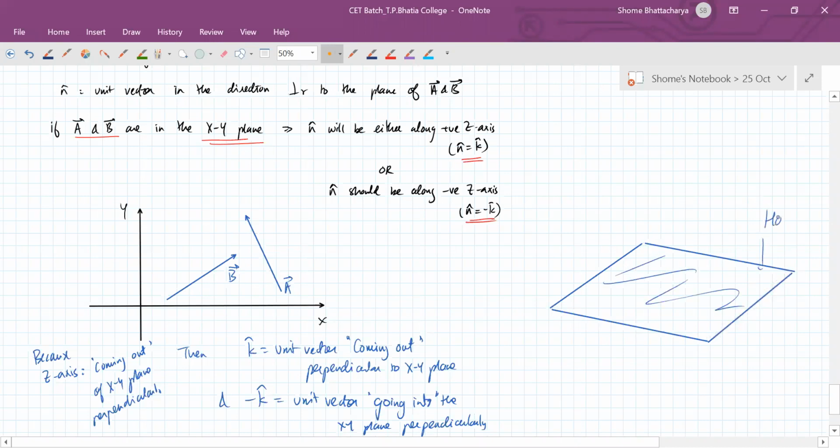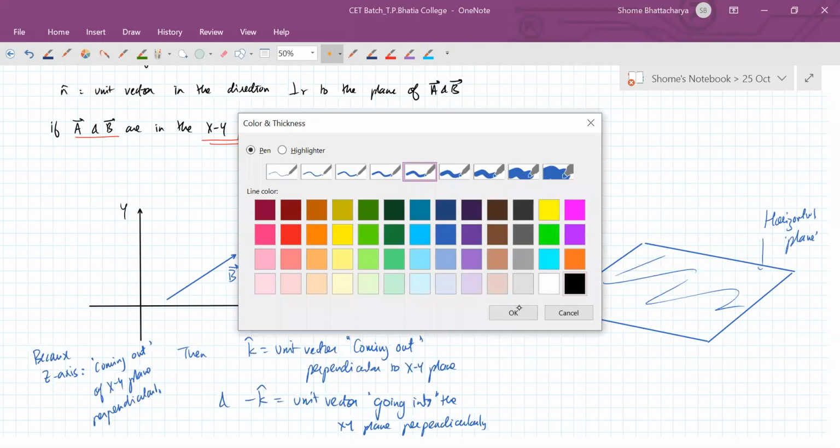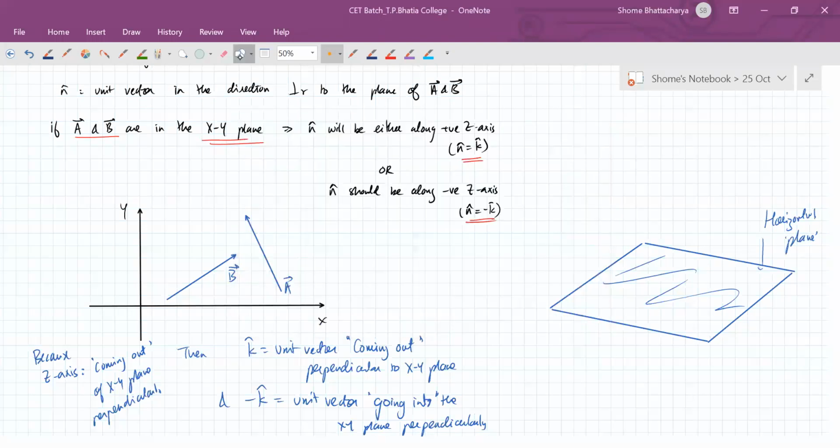So let's say this is the horizontal surface, so horizontal plane, and a system of xy coordinates or xy coordinate axis is a horizontal plane like this.